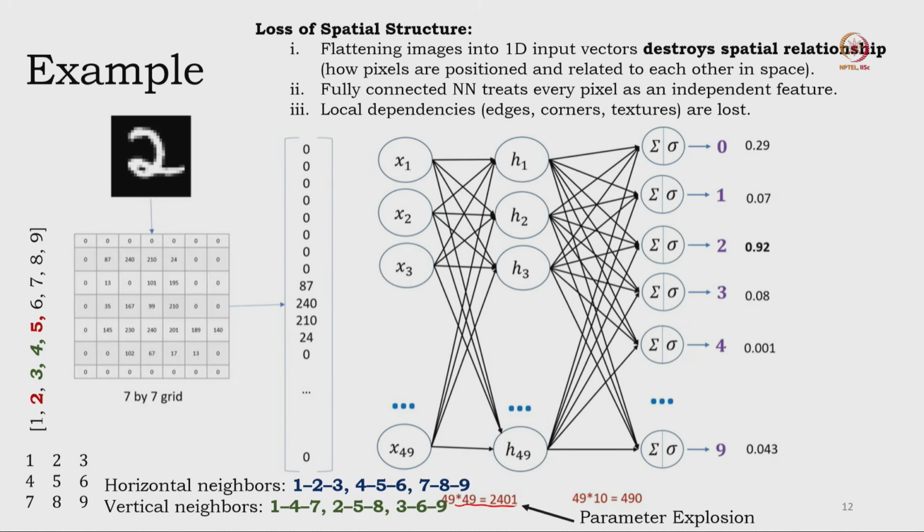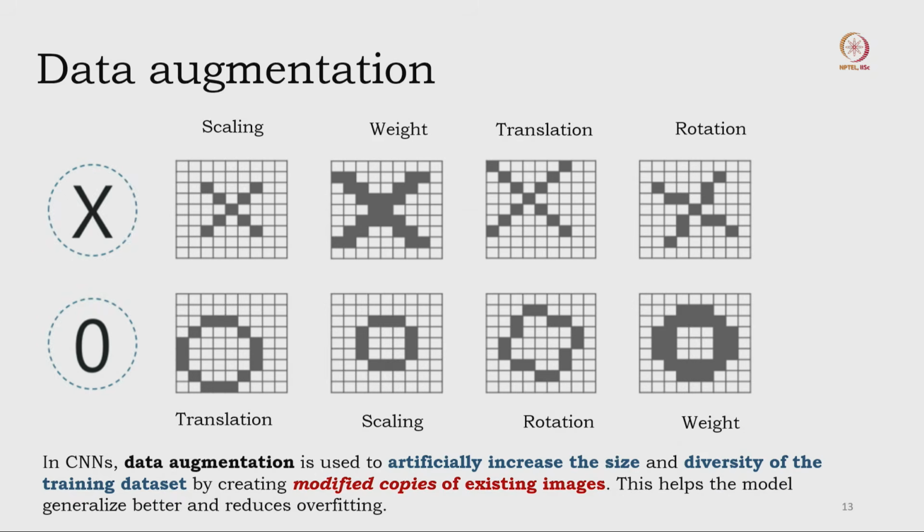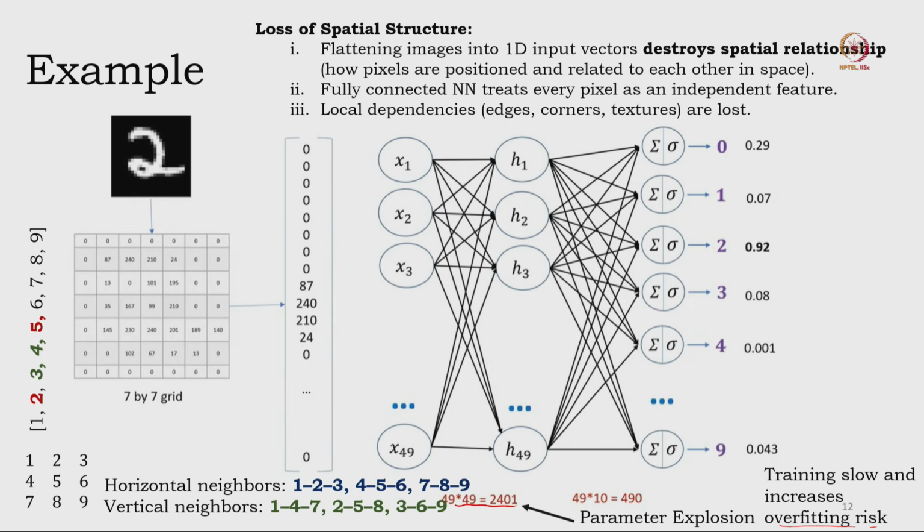So, you will have an explosion. With this the training will go slow, and there is a high risk of overfitting. This is the reason why we cannot use an artificial neural network, that is a multi-layer perceptron, for images.